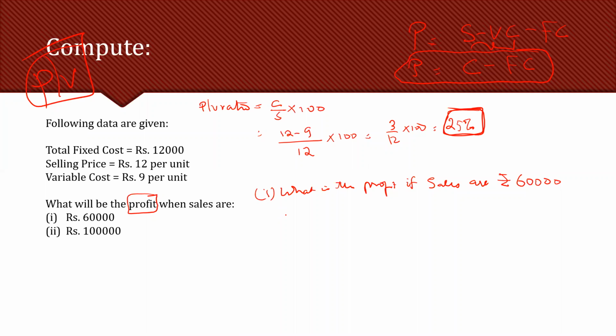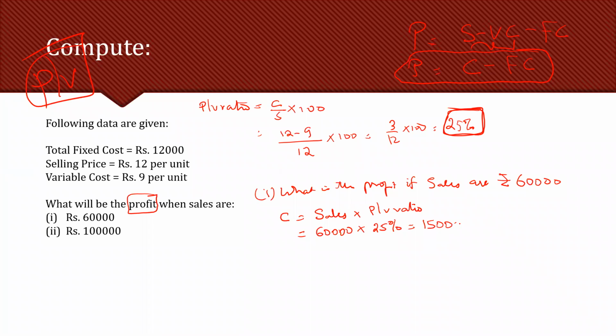First of all, you have to find out contribution. In this case, how to find out contribution? Sales into PV ratio. What is the sale value? 60,000. 60,000 സെയിൽ നടക്കുമ്പോൾ എത്രയാണ് കോൺട്രിബ്യൂഷൻ? Into PV ratio 25%. What is the contribution? 15,000.